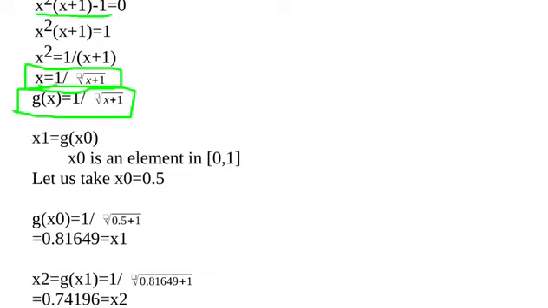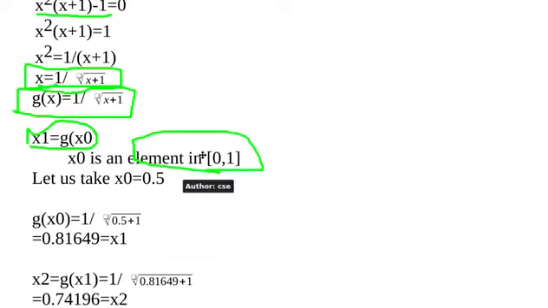So x1 will be found using g of x0. x0 is a value in the interval 0 and 1, since we know the root lies between 0 and 1. So we have to take a value x0 which is in the interval 0 and 1.